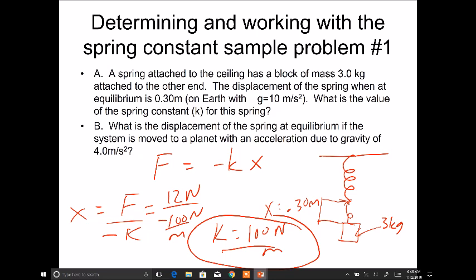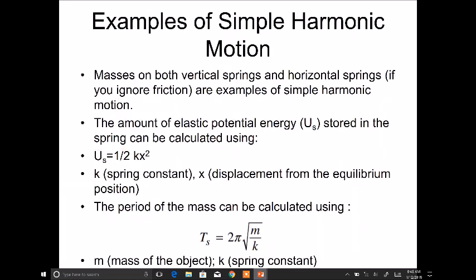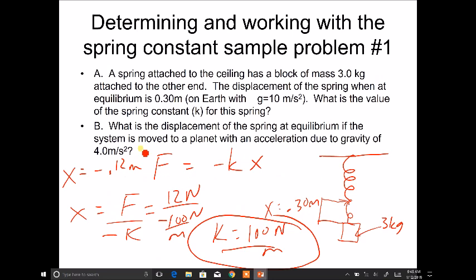Our displacement is going to be in the downward direction. We're going to divide 12 by negative 100, and we're going to get x equals negative 0.12 meters. And again, that negative means that the spring is going to stretch in the downward direction. But that's our answer to part B.